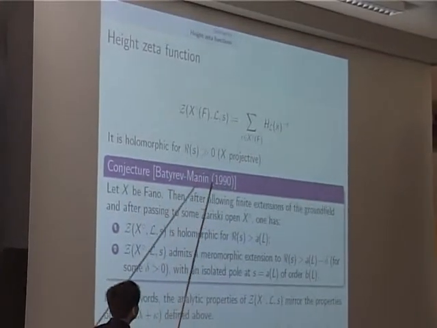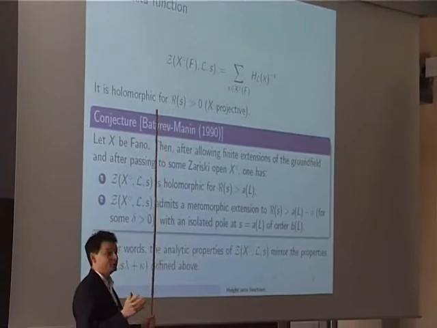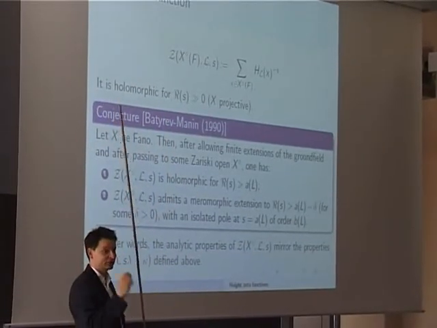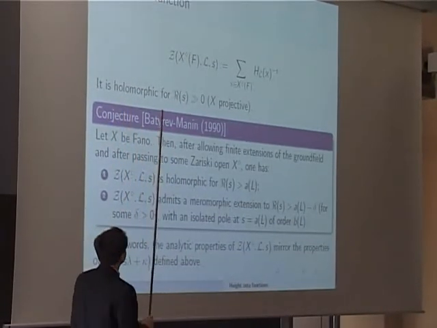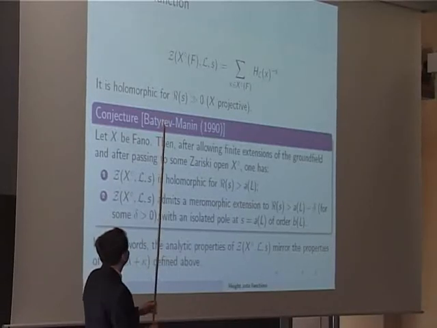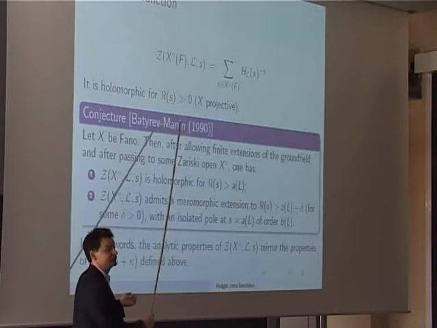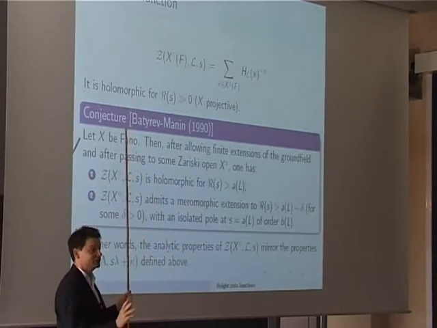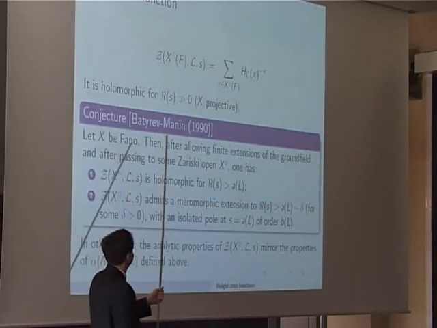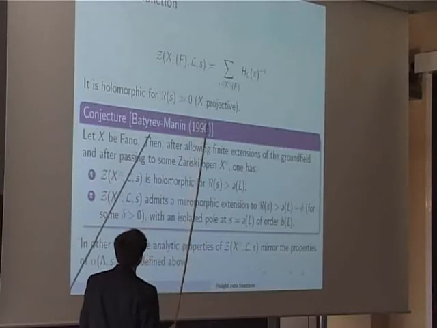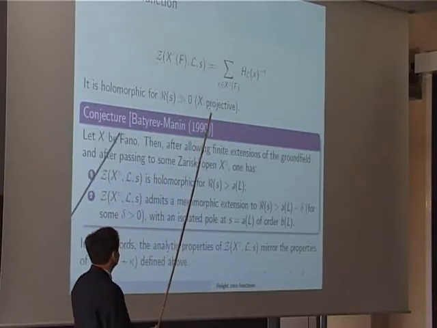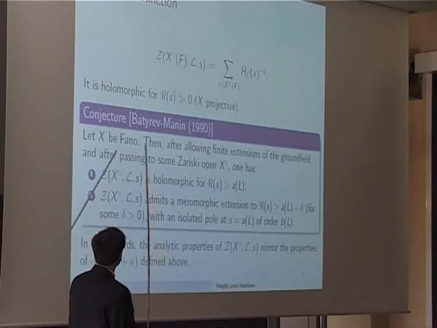Now, the projectivity, in other words, that bound we get from the embedding into projective space, will ensure that this series is convergent to a holomorphic function for real part s big enough. I mean, that is a given. So already somewhere far away we have a holomorphic function, and the question is, well, what's the analytic behavior? What are the properties of its zeta function?